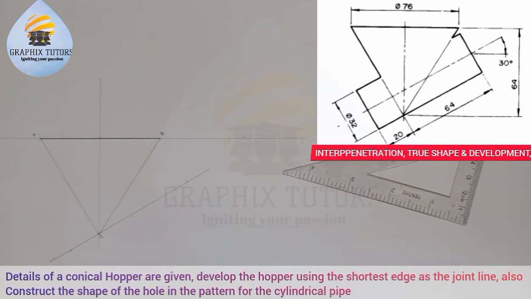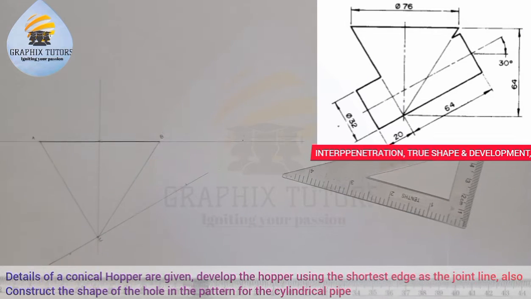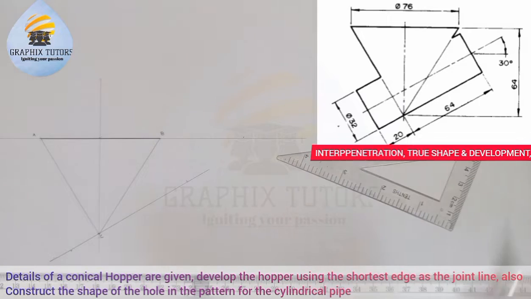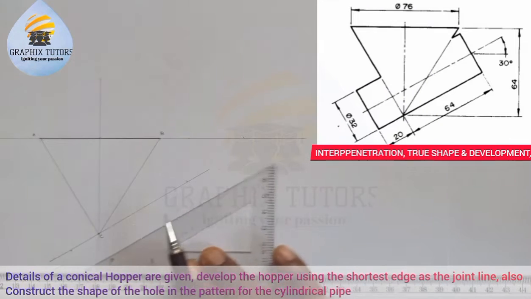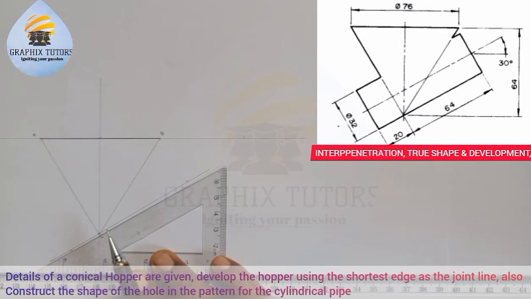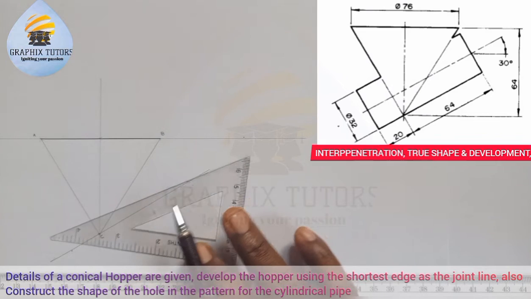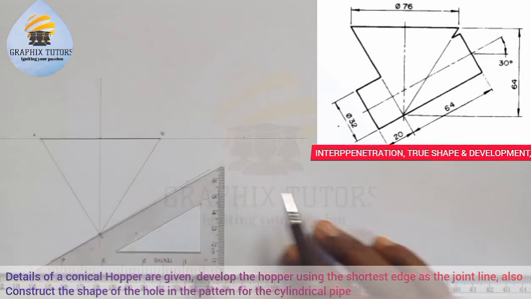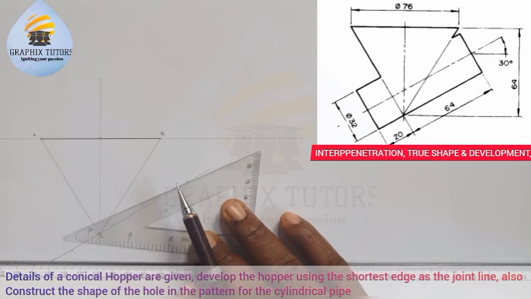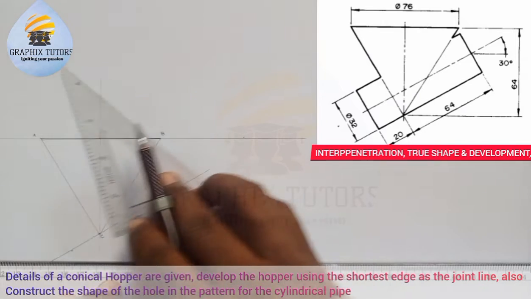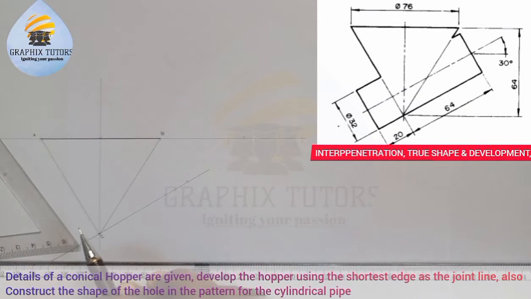And I'm going to draw a line that will be perpendicular to this line here. So with this side of the set square, I'm going to draw here with the side of the set square.